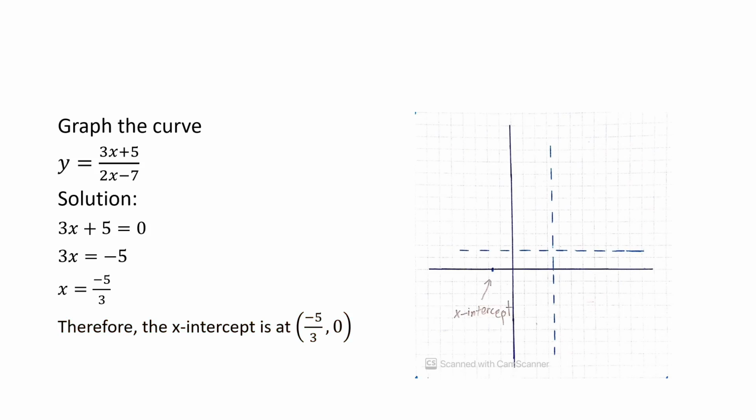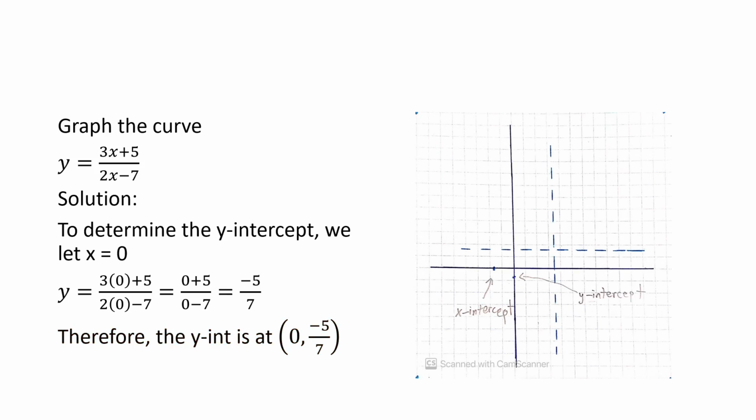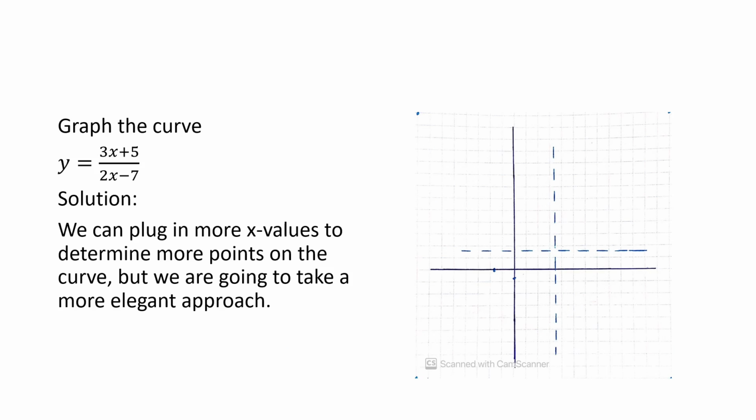We've got an x-intercept. To determine the y-intercept, we're going to let x equal 0. So letting x be 0, we get negative 5 over 7, and we now know what our y-intercept is, and we can indicate that on the graph as well.